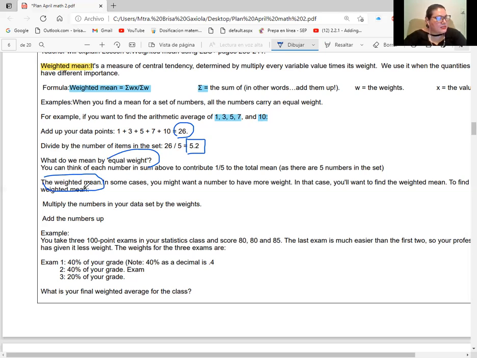Weighted means that you give more weight or more value to each element from the set. According to the formula, we multiply the numbers by the weights and then we add them up. We are going to see the example.